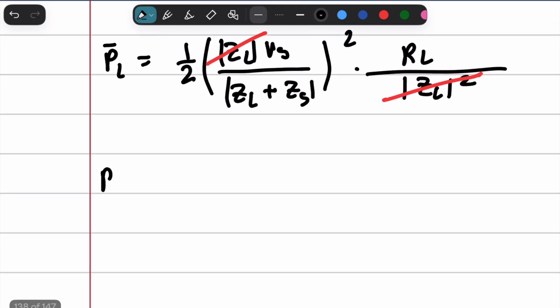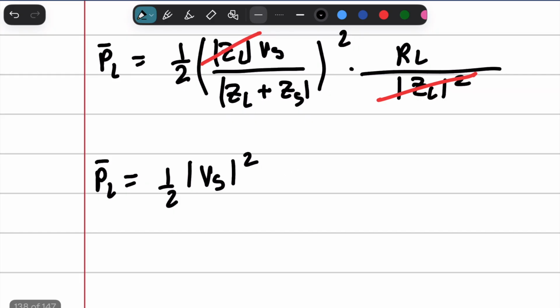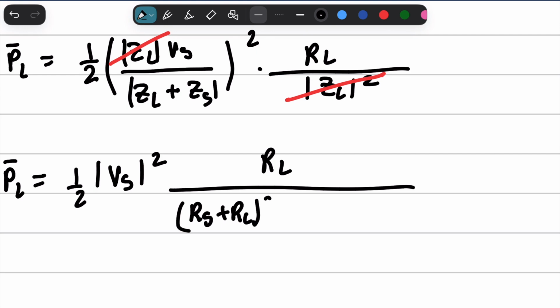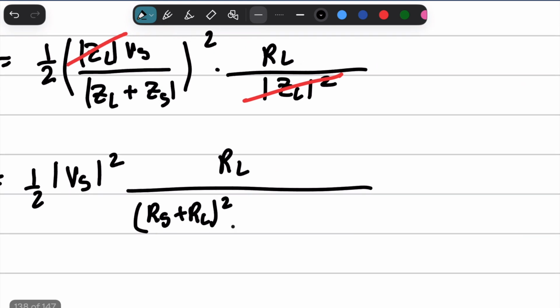And we are left with 1/2 VS squared times RL over (RS plus RL) squared plus (XS plus XL) squared.